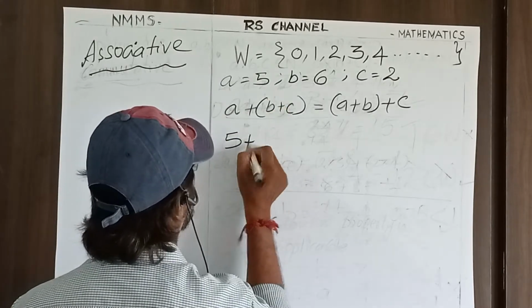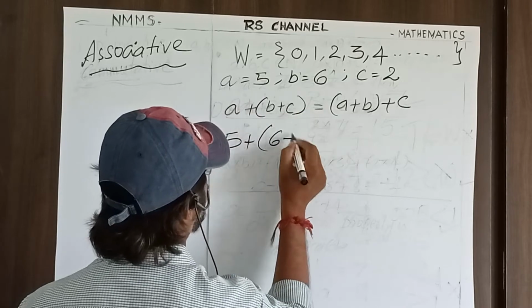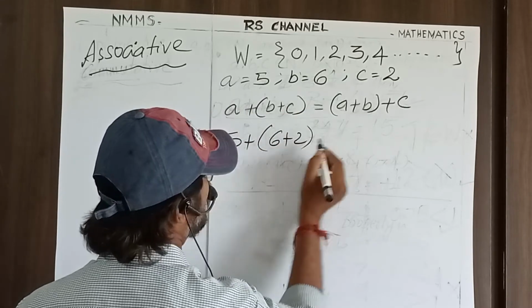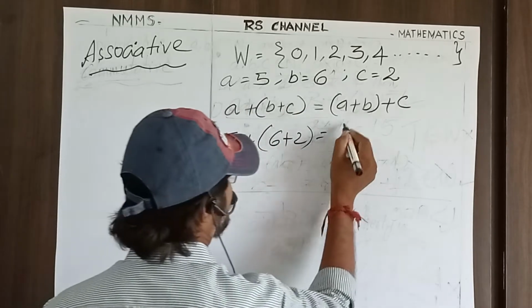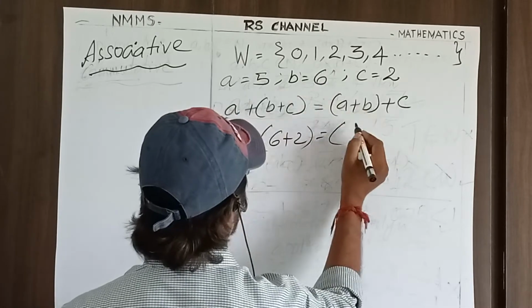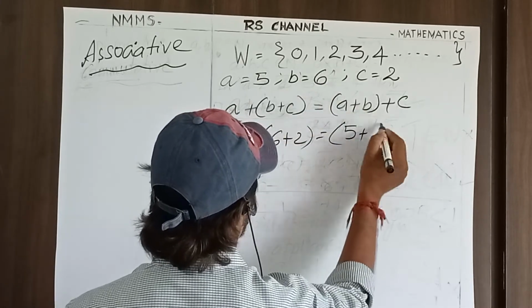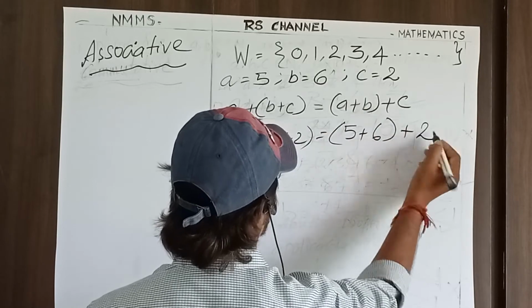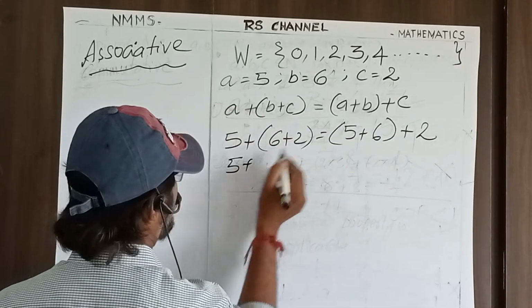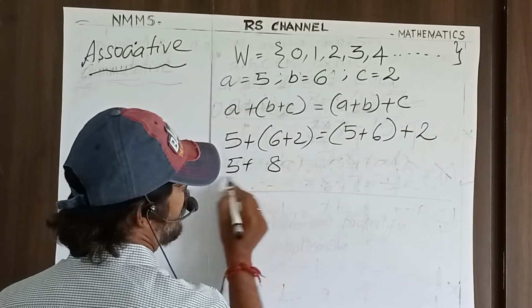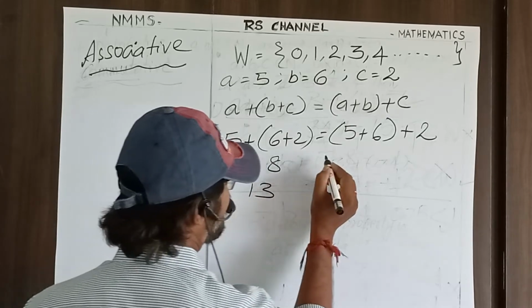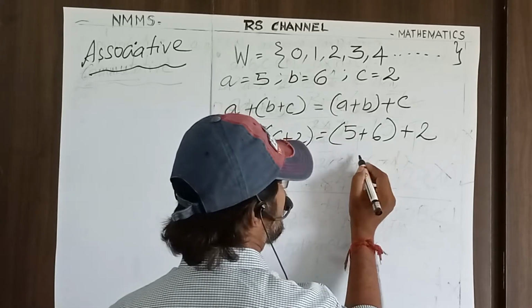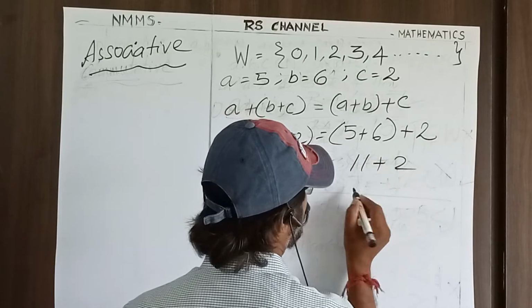5 plus 6 plus 2. Already you know, that's why I am going. 5 plus 8 is equal to 13. Also 5 plus 6 is 11, plus 2 is 13.